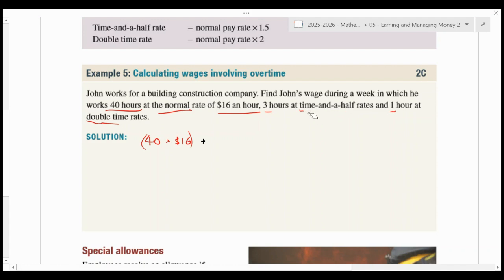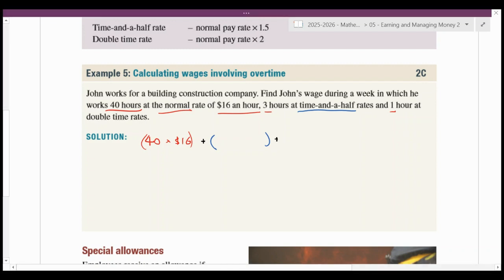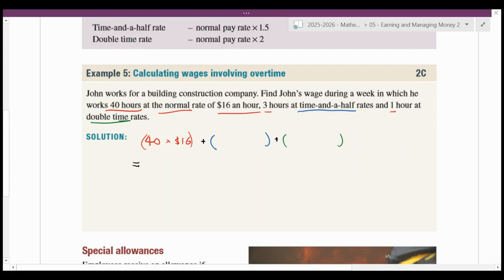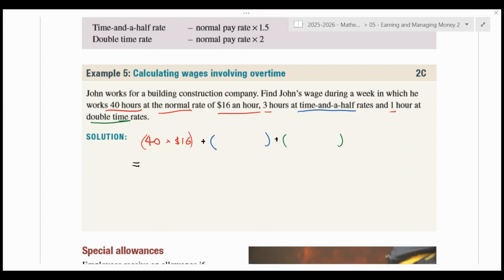And then time and a half I'm going to do in blue. So time and a half. And then we'll do double time in green, just so you can see it. Just makes life a little easier. And we'll just go equals down the bottom there. But we could put this whole thing straight into the calculator the way we're doing it.